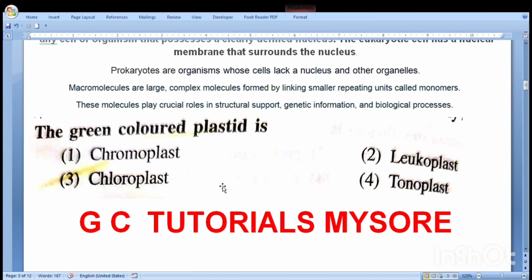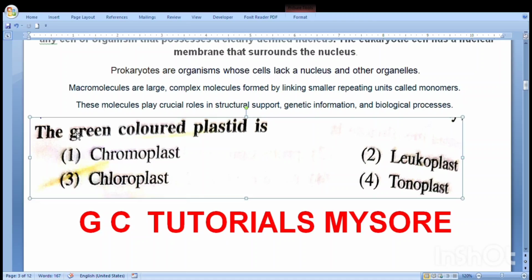There are many types of plastids. The first is chloroplast, then chromoplast, leucoplast and tonoplast. These are the types of plastids, but they are asking about the green colored plastid.